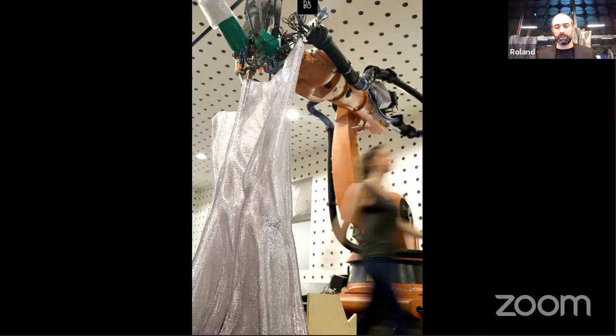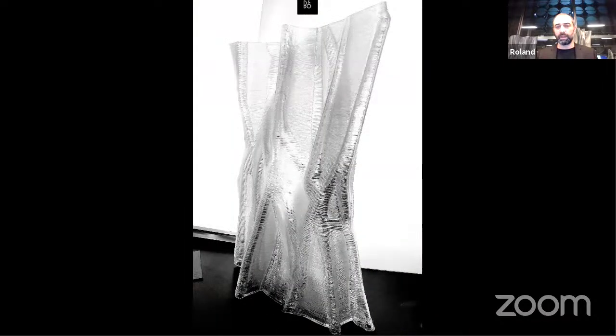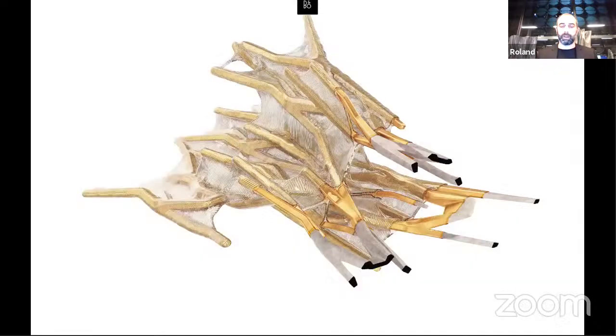This is from about 5 or 6 years ago. We started to print these thin skins, with a series of conduits within, which enabled us to cast the agent bodies back into. In this case, we're casting high strength, fiber reinforced concrete as a way of making these highly intricate concrete structural networks.